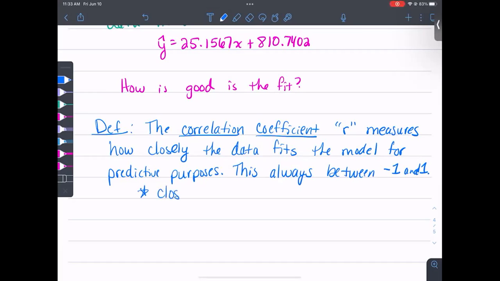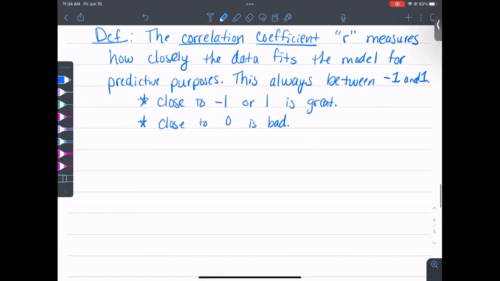So close to -1 or 1 is a great fit. Close to 0 is bad. So you kind of have this middle point of 0 that's not a very good fit. And the farther you go to +1 or -1, the better your fit is.